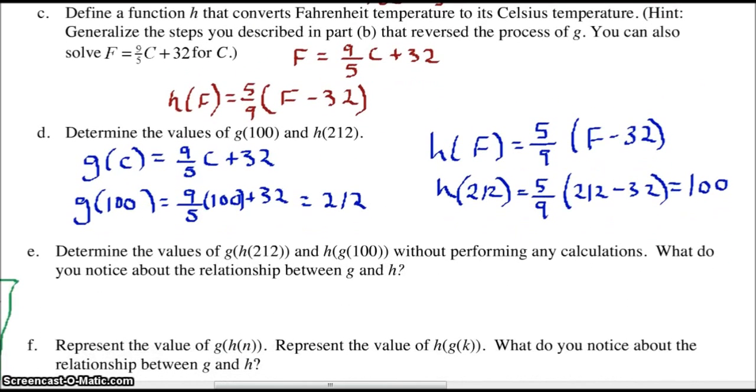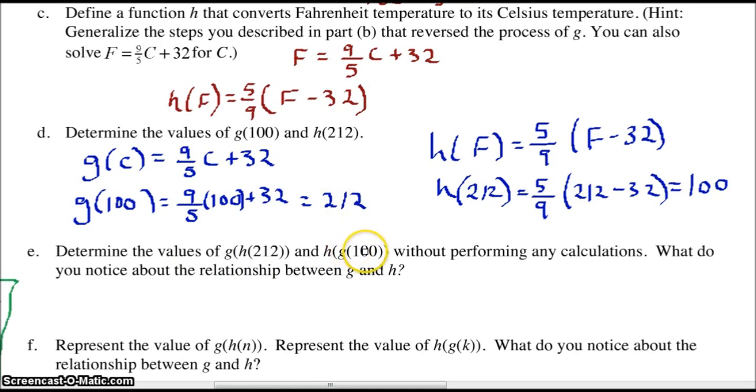Part E, determine the values of g of h of 212 and h of g of 100 without performing any calculations. What do you notice about the relationship between g and h? Well, let's see. h of 212, we know that that is 100, and then if we make that the input for g, we get 212.